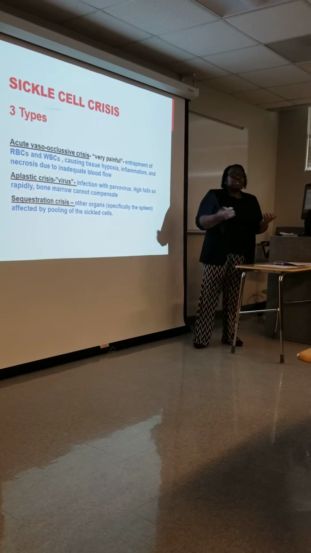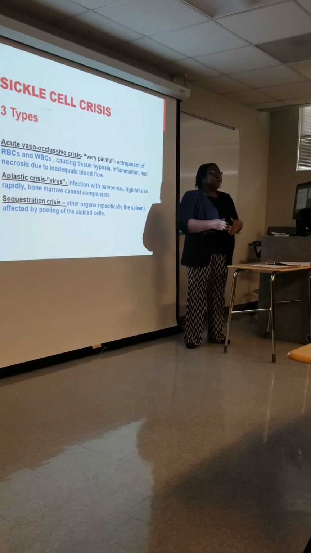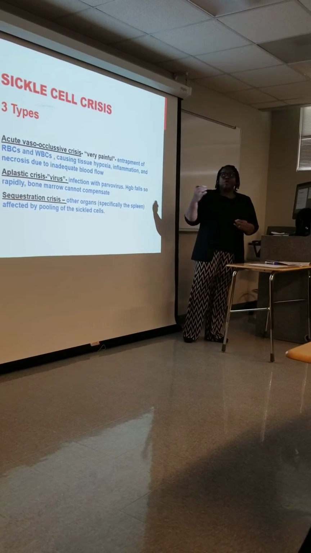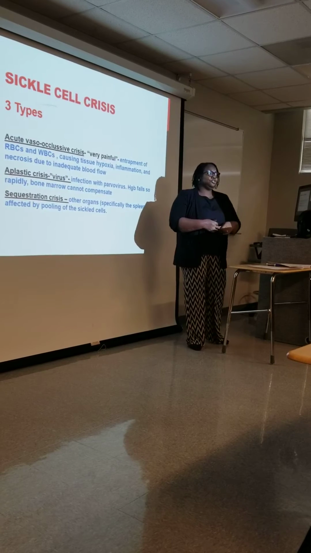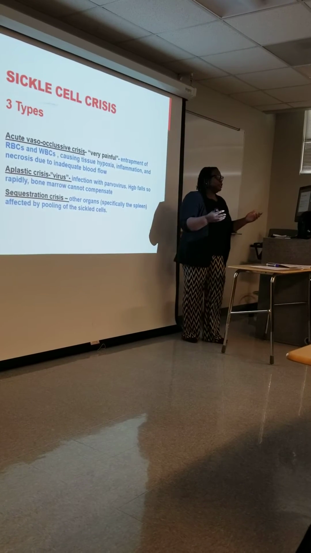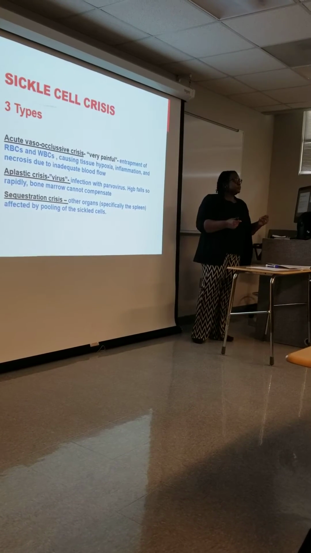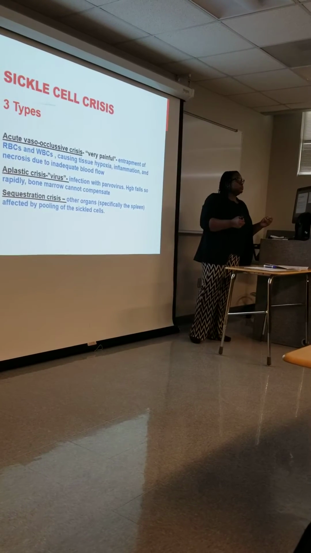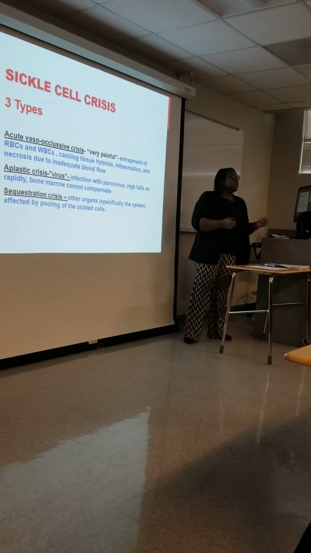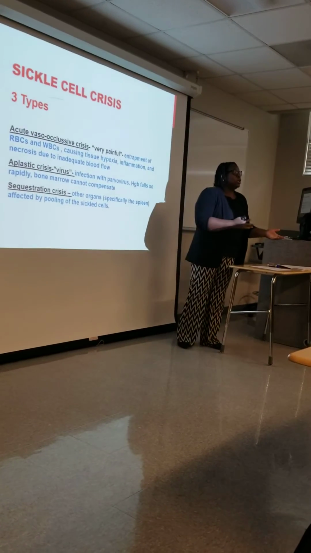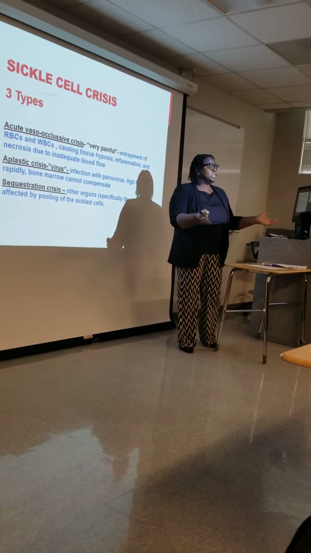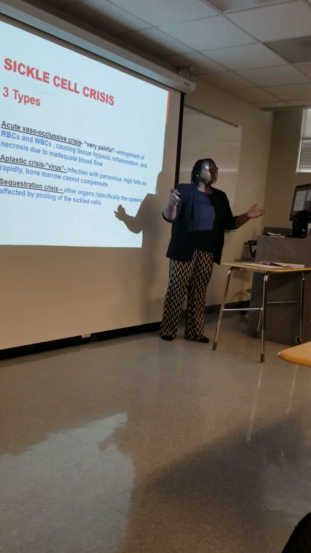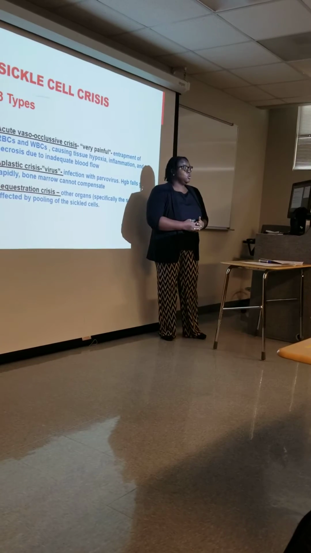So with dehydration, why do you think someone who has a sickle cell trait might be more prone to have a crisis if they get dehydrated? What do you think about with dehydration? Viscosity of the blood increases, so then the sickles can't get through, so they just clump up. Right, with dehydration your blood volume is going to be low, so the fluid and the blood volume in your body is lower.